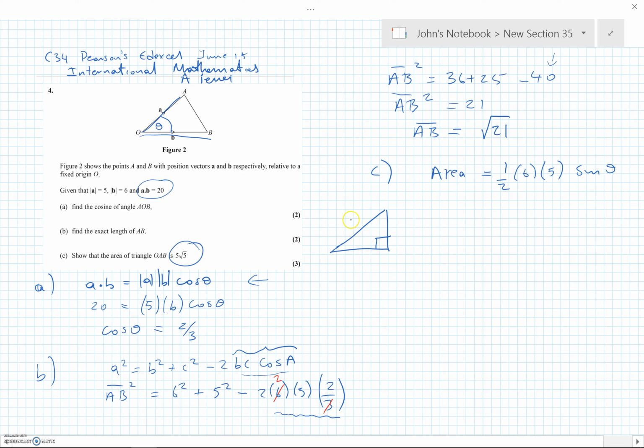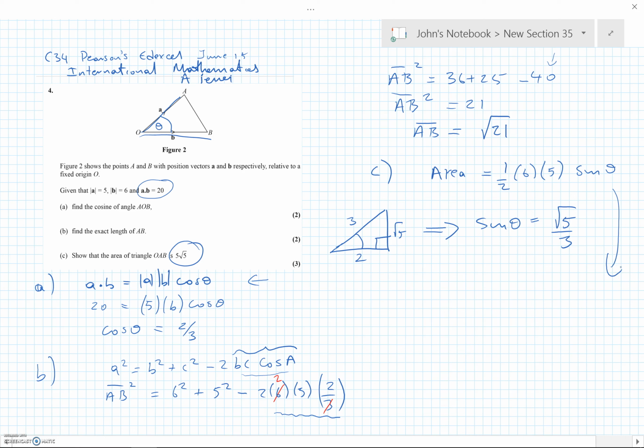If I set my hypotenuse to being 3 here, and my adjacent being equal to 2 there, I can see that this is the square root of 5 here. So sine theta is equal to the square root of 5 over 3. You may prefer to use trig identities if you want.